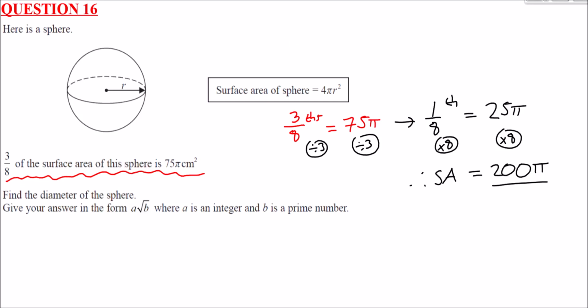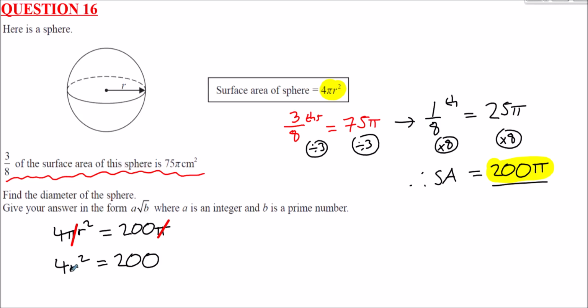We're also told, though, that the surface area of a sphere is 4 pi r squared, and so this 200 pi must be the same as 4 pi r squared. So that's our next step. So 4 pi r squared equals 200 pi. From both sides, we can divide through by pi, which then gives us 4r squared equals 200.